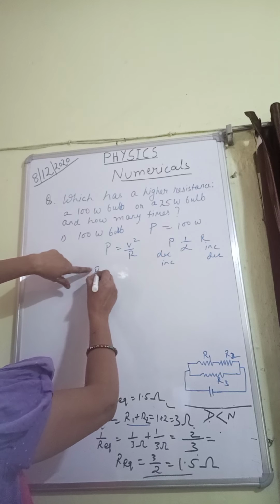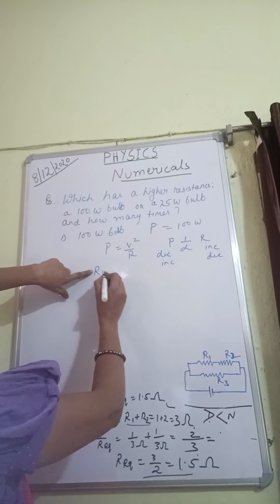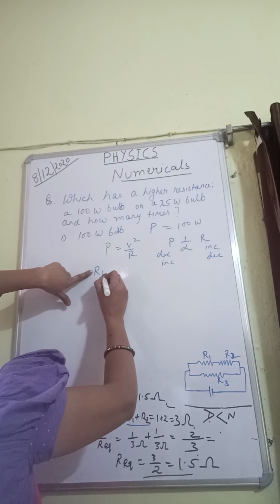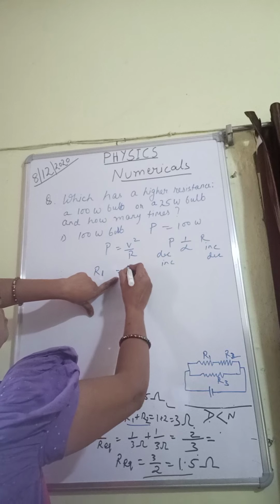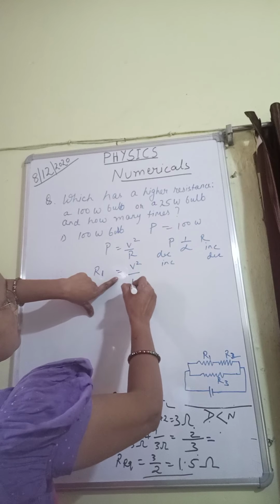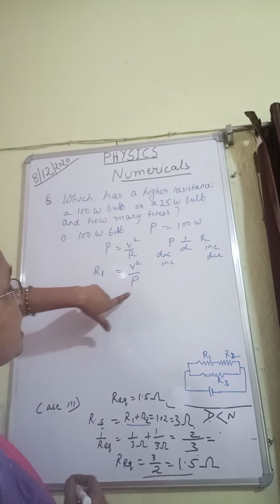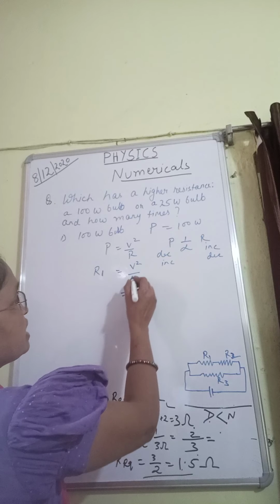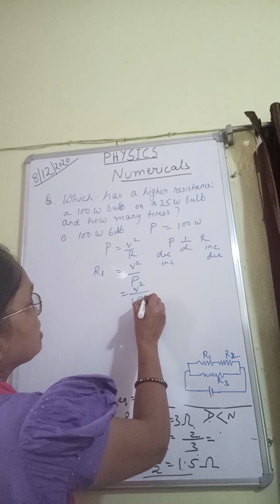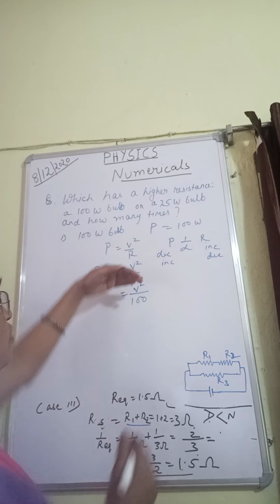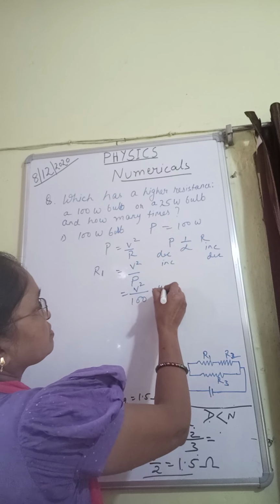So R for the bulb, R1, we get V square by P. V square by P, that means V square by 100 watt. For one case we have got this.